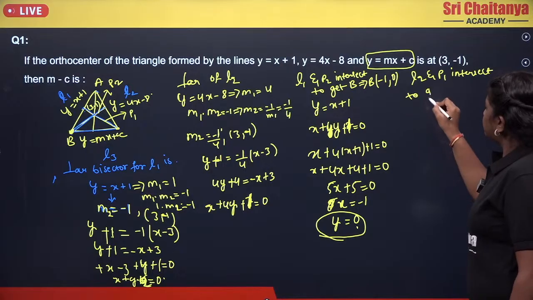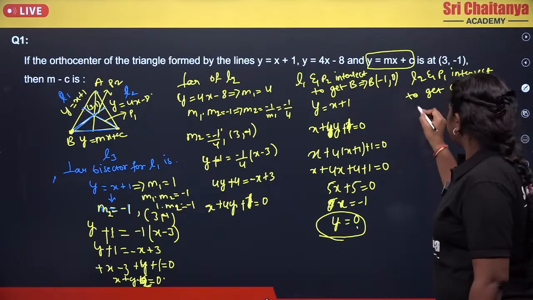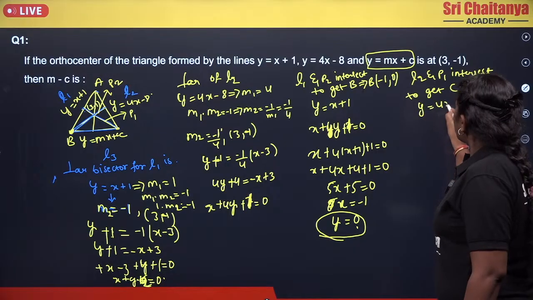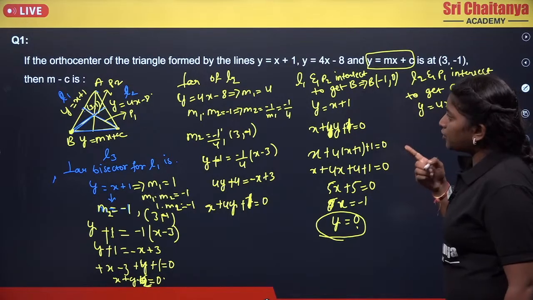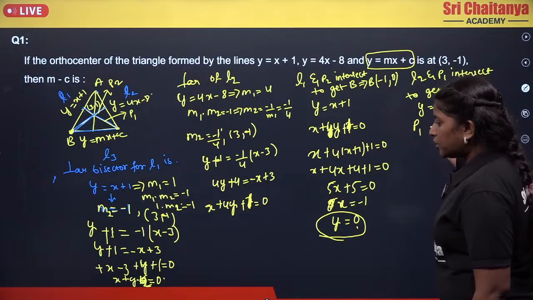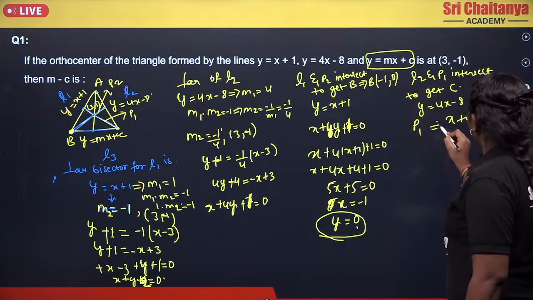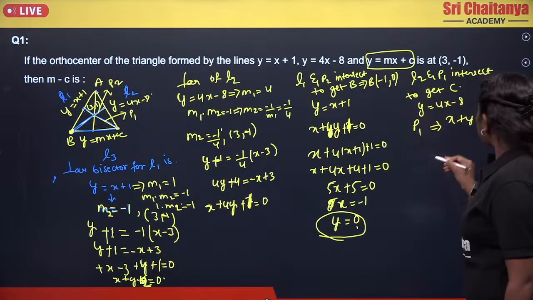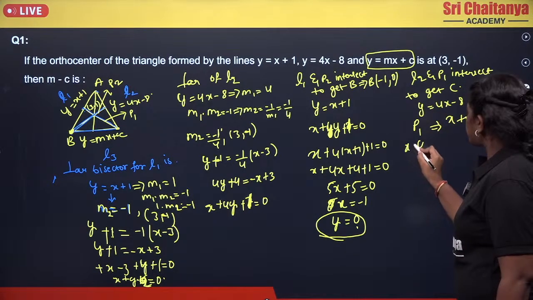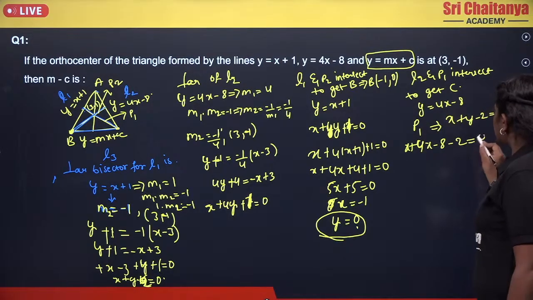So L2 and P1 intersect to get C. L2 is y equals 4x minus 8 and your P1 is x plus y minus 2 equals 0. Now y equals 4x minus 8, so x plus 4x minus 8 minus 2 equals 0.